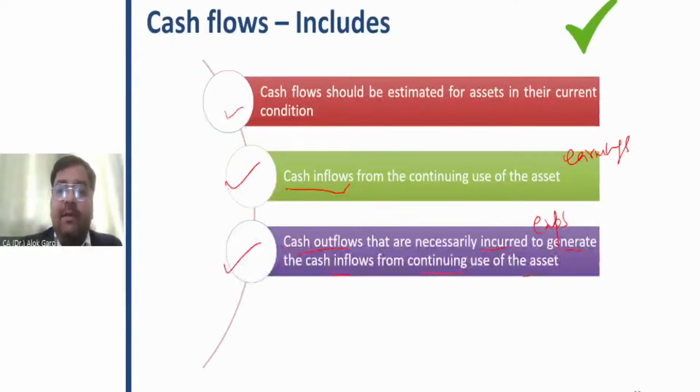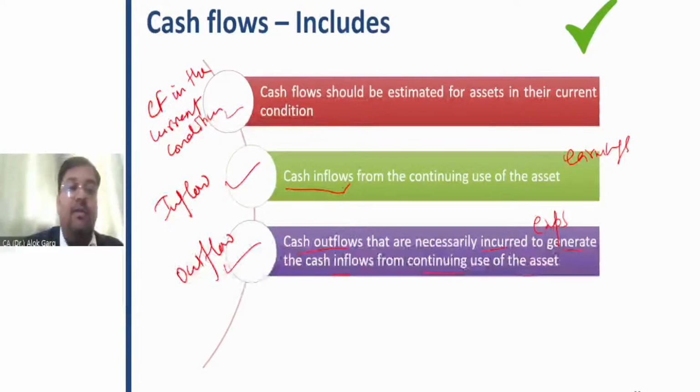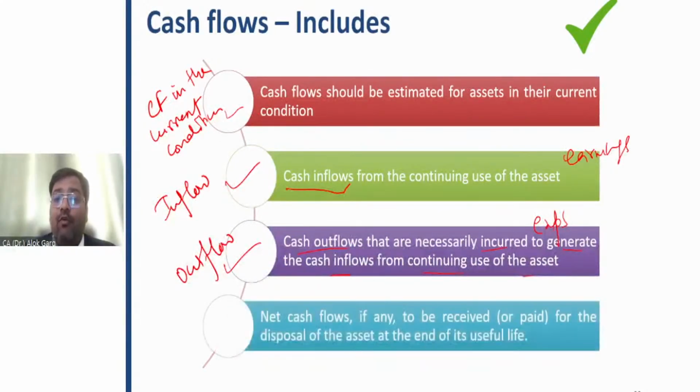So if you see, the first condition talks about the cash flow in the current condition. The second condition talks about the inflow. The third condition talks about the outflow. The fourth point talks about net cash flow, if any, to be received or paid for the disposal of the asset at the end of its useful life.